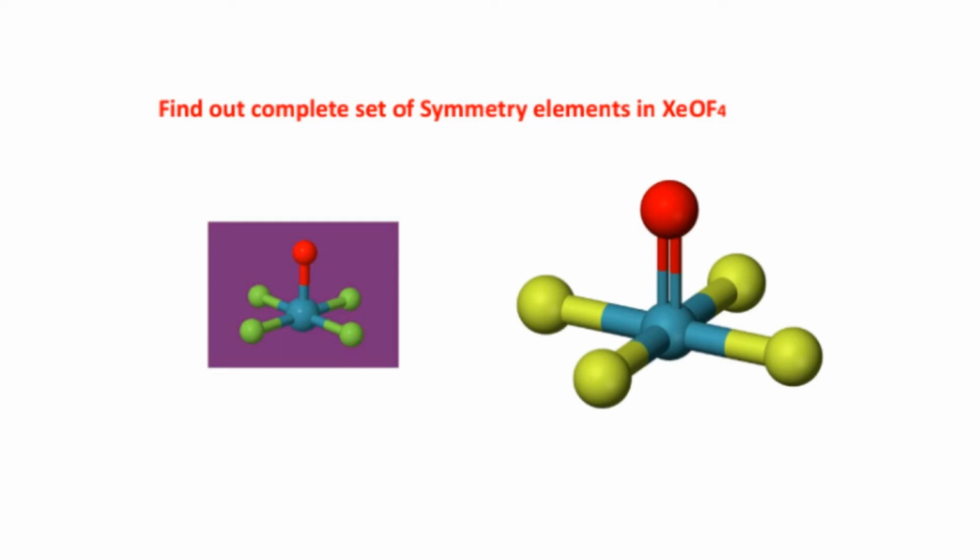Although, for the fluorine element, on the other side we will find the fluorine element exactly opposite. But in the case of oxygen, there is no oxygen present on the opposite side. So there is no invariant center or axis of inversion present in this molecule.